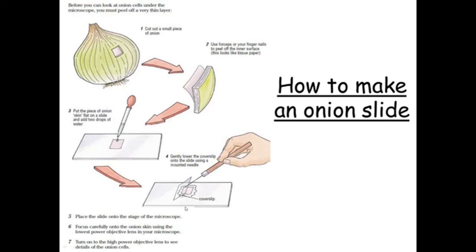Let us see how to prepare it. To prepare this you need an onion, forceps, stain, methylene blue or safranin, then slide and cover slip, a mounting needle. These are the materials required.